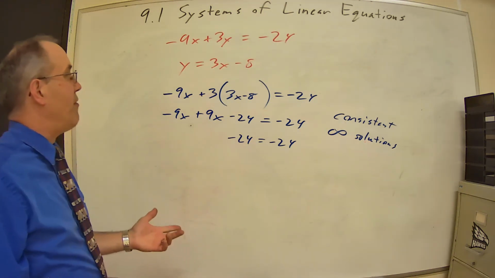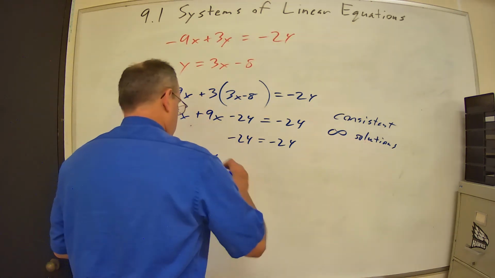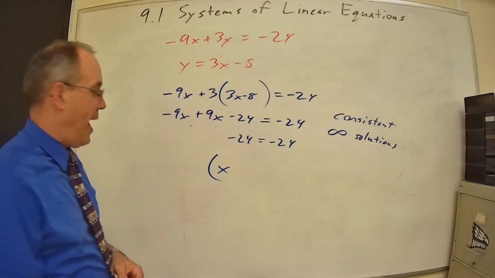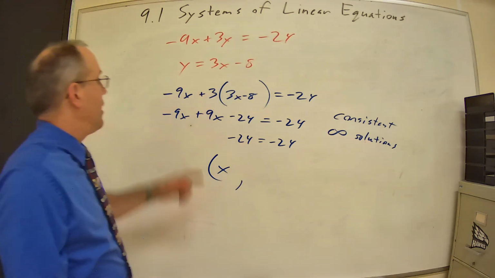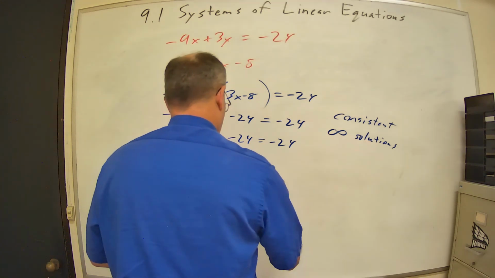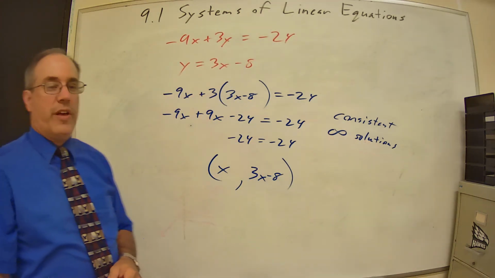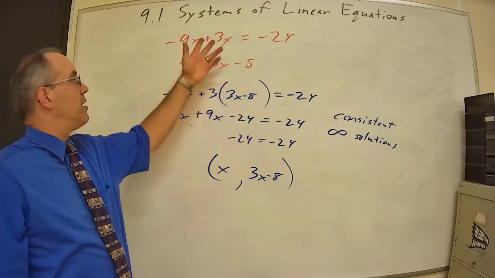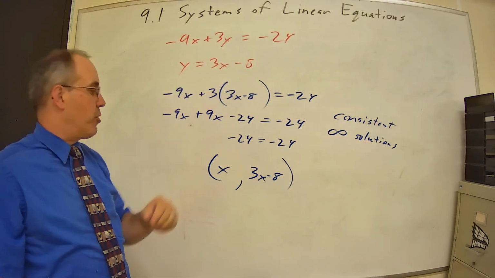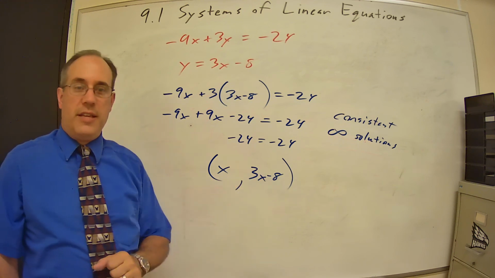And we already have that. We can say that x is equal to x, and we know y is equal to 3x minus 8. So the solution to this system of two linear equations is (x, 3x minus 8).